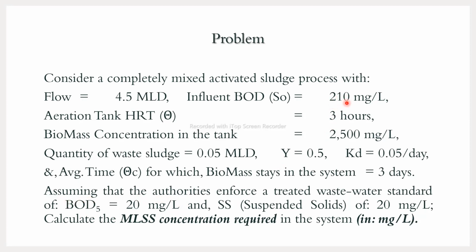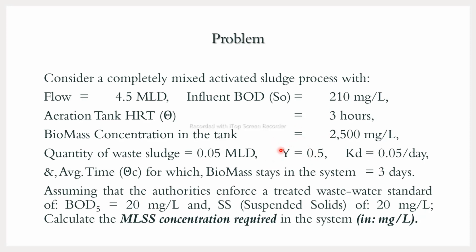So the difference, that is 210 minus 20, is the amount of BOD that will be eaten by the microbes. So the increase in their concentration will depend on this difference.